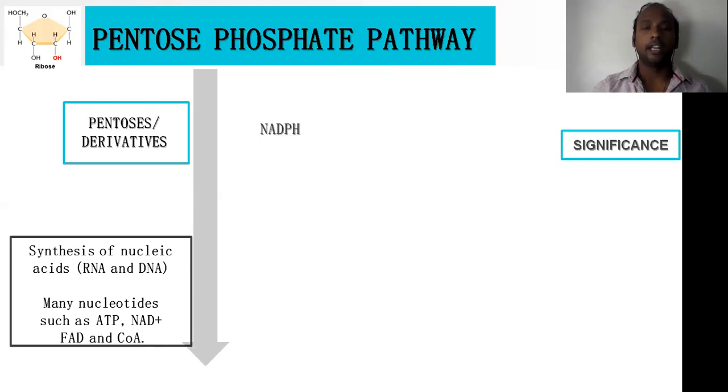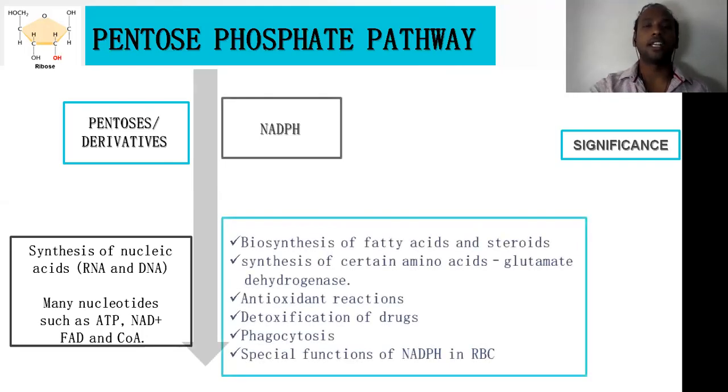It's clear? And now NADPH. NADPH is of a reducing nature, so this reducing nature has various kinds of applications. Listen, here I am trying to discuss a few basics related to NADPH.